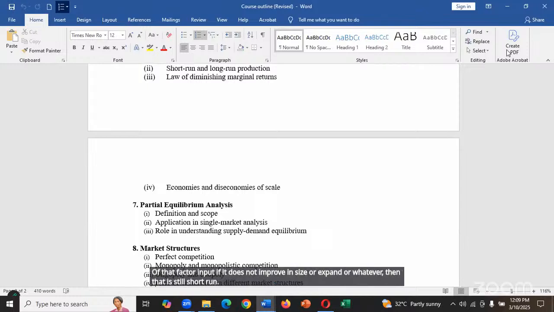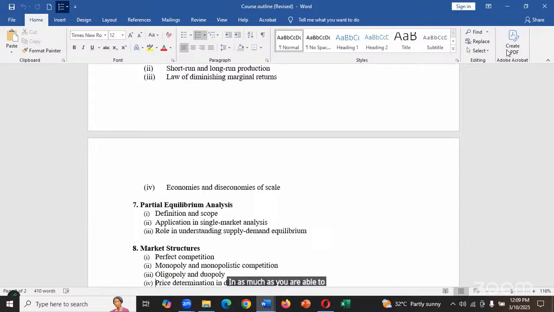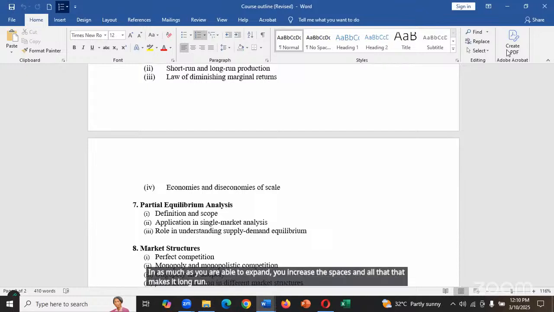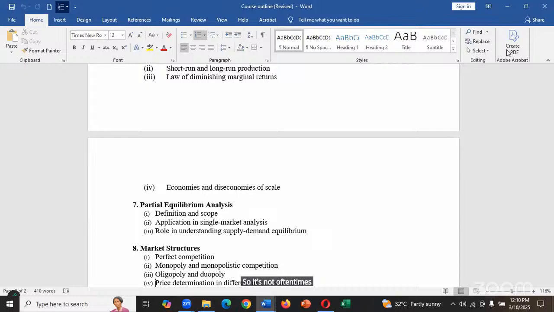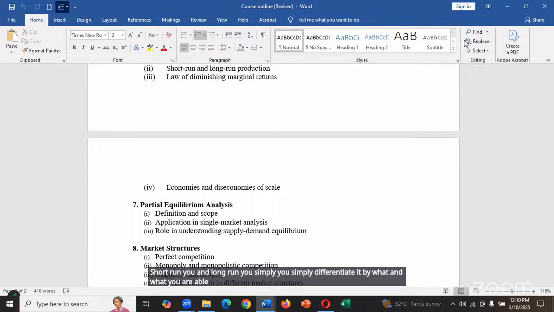In as much as you are able to expand and increase the space, that makes it long run. So oftentimes it's not even by time horizon or how many years are involved. Short run and long run, you simply differentiate by what you are able to alter, the production mix that you are able to alter.